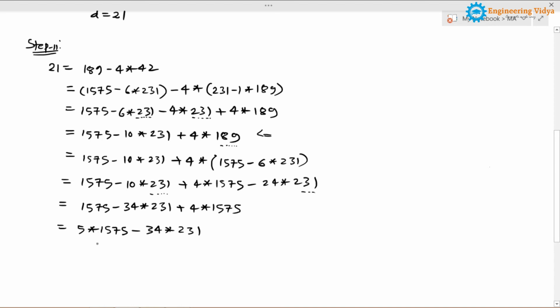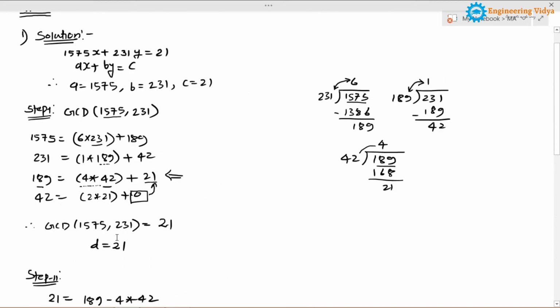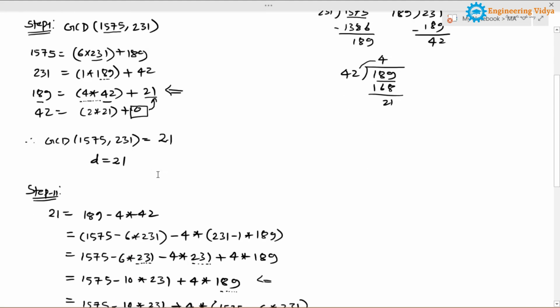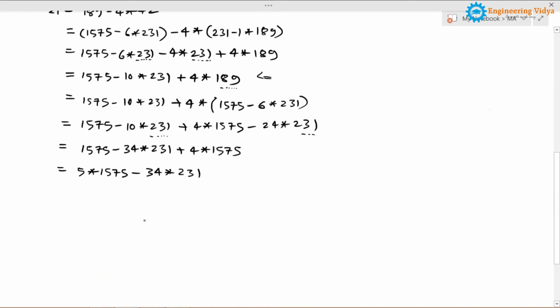Do we have a remainder of the GCD process? In step number 1 of the GCD process, we have the remainders 189, 42 and 21. So we'll check, do we have 189, 42 or 21 over here? Here we don't have, right? So this is nothing but a and b, because we have already done the comparison. The value of a is 1575 and the value of b is 231.